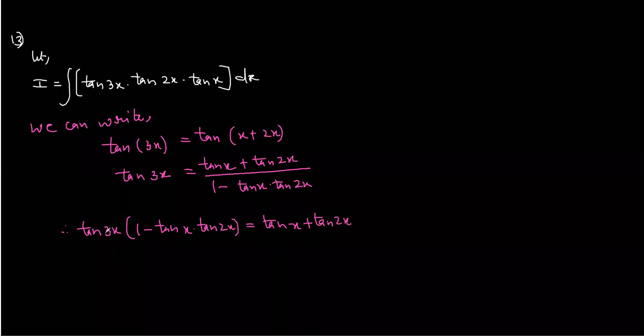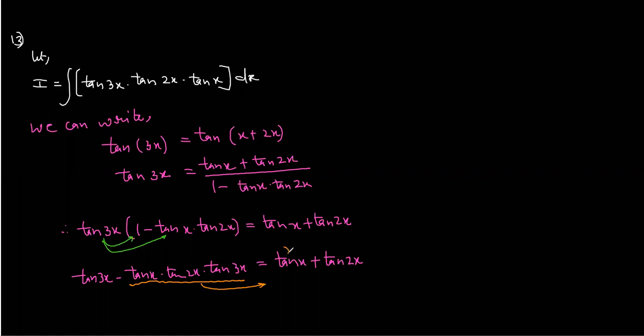Okay. So this tan 3x would multiply inside the bracket. And what does it get you? It gets you tan 3x minus tan x into tan 2x into tan 3x equals tan x plus tan 2x. And what is the next step, students? Now this term, which is the product of tan x, tan 2x, tan 3x, I will shift to the right, and these two I shift to the left.